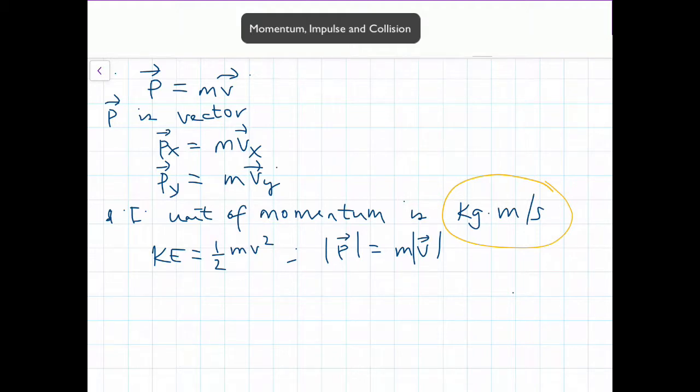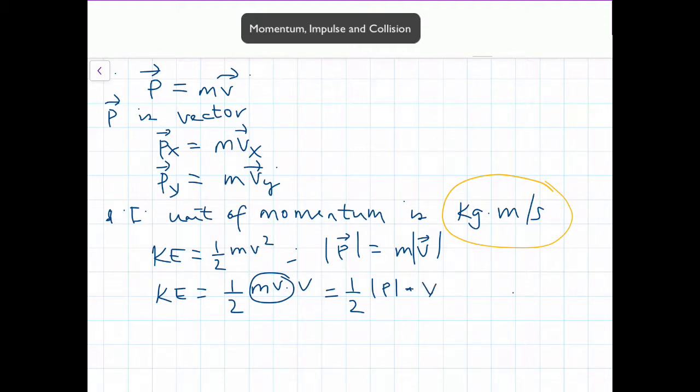So we can represent mass times v by p. The result is KE equals half times, if we represent one of the velocities by momentum, the magnitude of momentum multiplied by v.